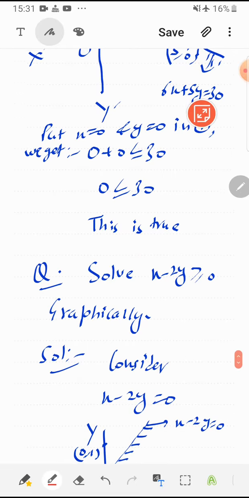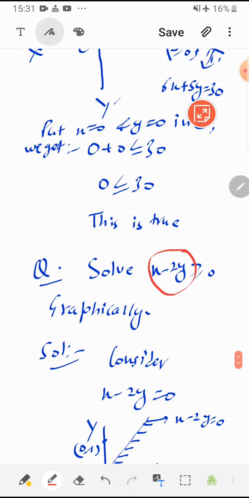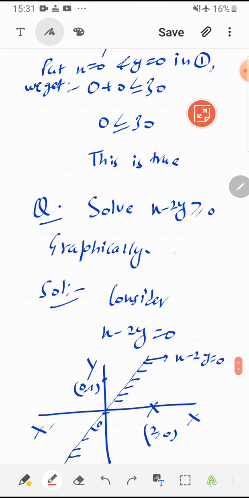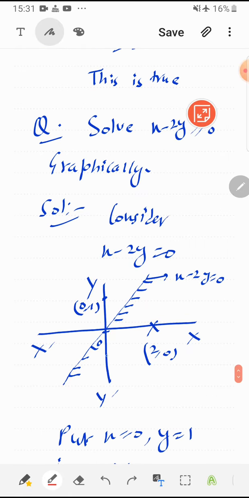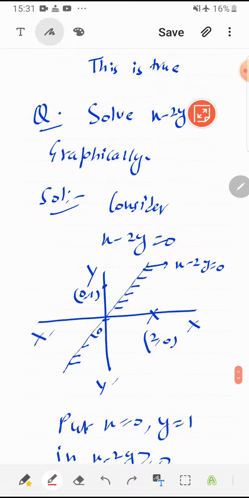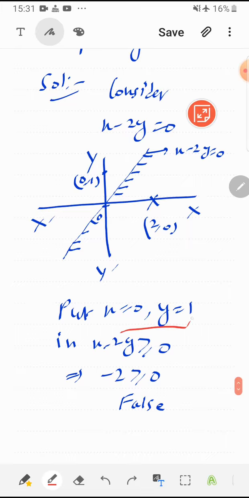The next line is very interesting because it doesn't contain a constant, as the constant is 0, you can check. So what to do now? First of all, again remove the inequality and plot the line. It will pass through the origin. That means this time the origin is not going to help us because nothing is toward the origin and nothing is away from the origin. So we will pick any other point. Let it be (0, 1). Now put x is equal to 0 and y is equal to 1.